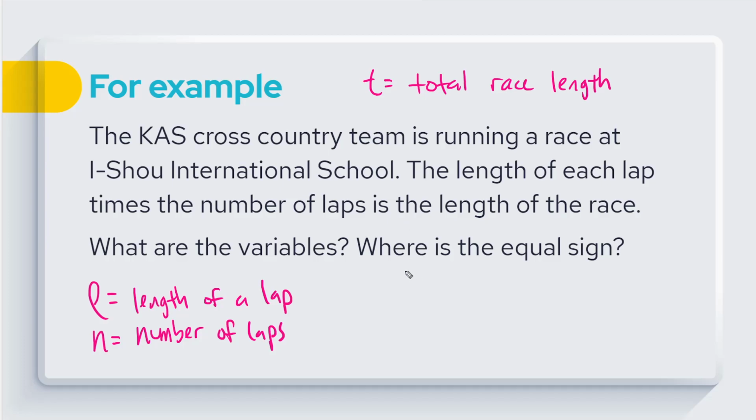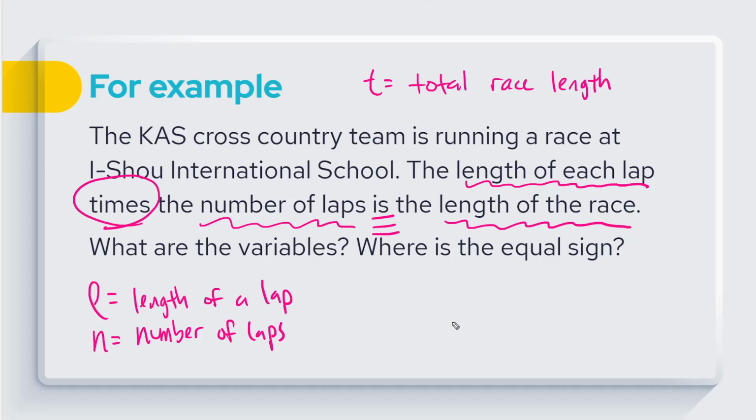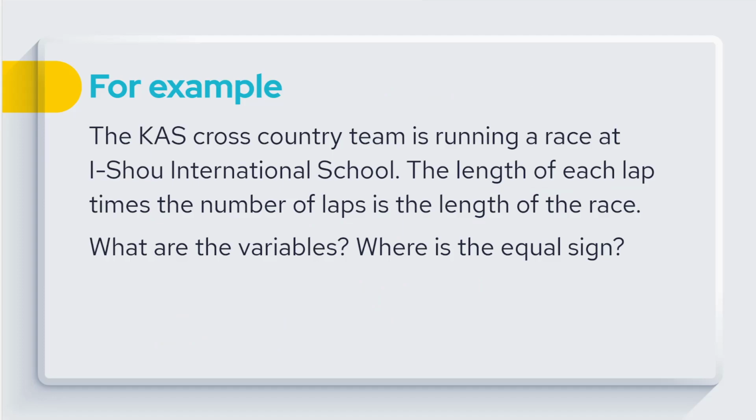So we'll call that T. So where is the equal sign in the situation? Well, the length of each lap times the number of laps is the length of the race. Here we have our three variables. Length of each lap times the number of laps equals the total race length. We've done it. Moving on.